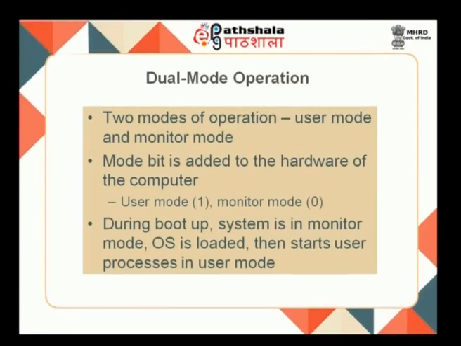Because of this, whenever the operating system's code is to be executed as a part of this process, the system switches to the kernel mode, and so the OS code is protected.